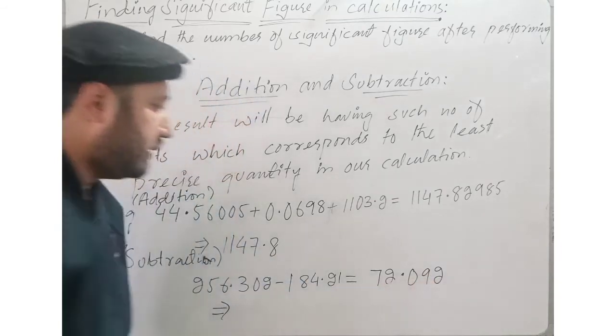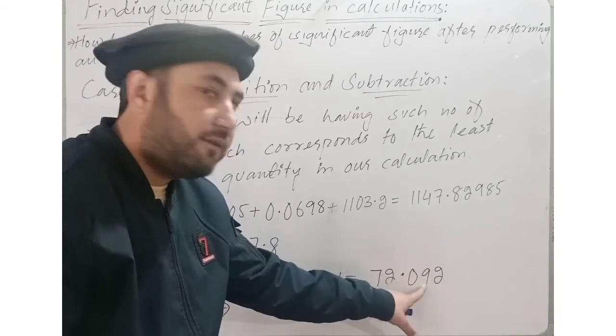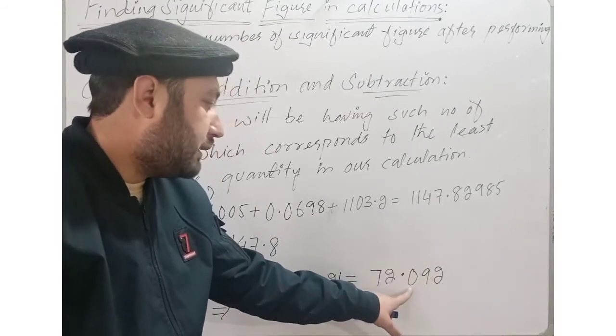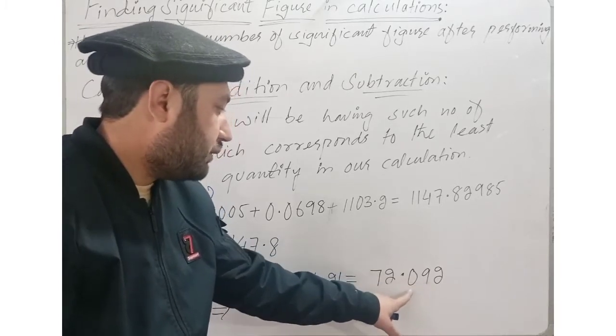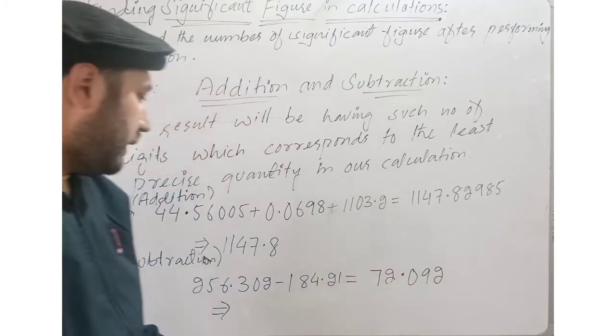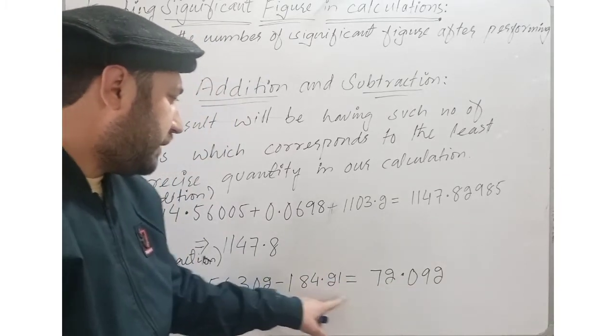The trailing digit is 2, so it will remain the same 9. It is greater than 5, so we have to increase the leading digit. So greater than 5, it is 9, so it will become 1. But here we have to restrict it to 2 decimal places.